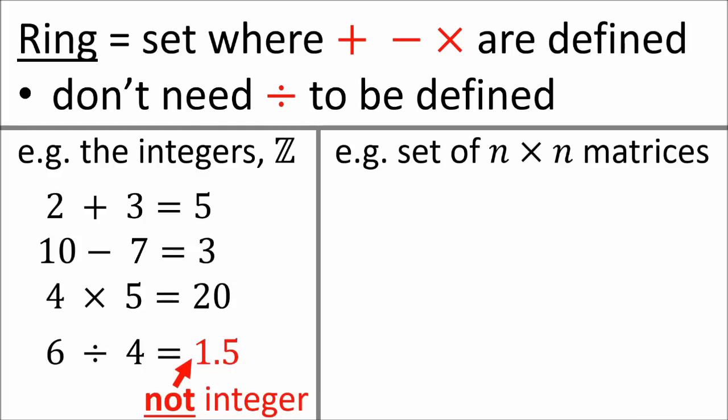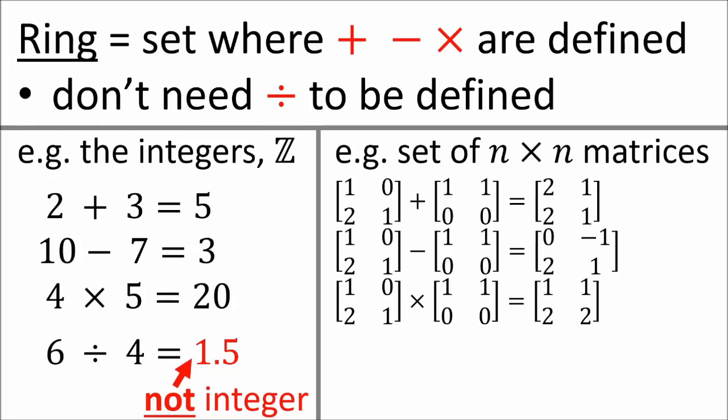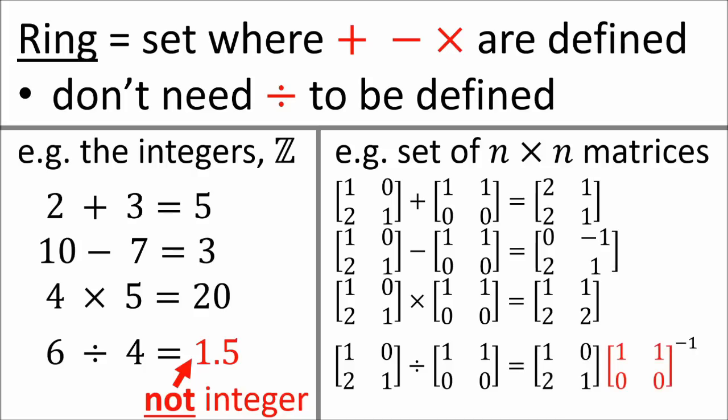Matrices also form a ring because we can always add, subtract, and multiply matrices. Division with matrices would be defined as multiplication with a matrix's inverse. But since not all matrices are invertible, we can't always do division with matrices. But that's okay because division isn't required in rings.